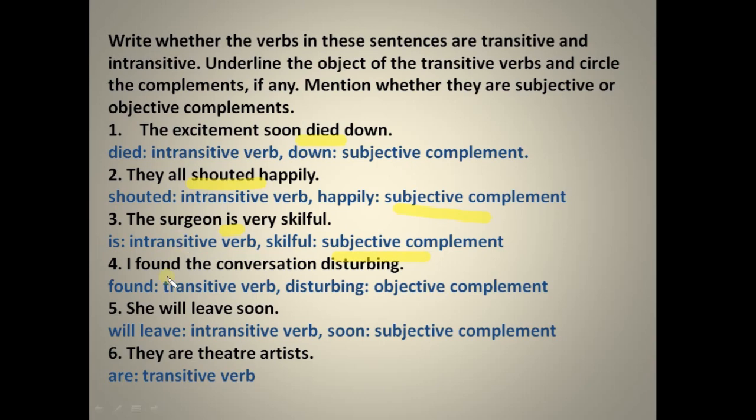I found the conversation disturbing. So the verb is found. I found what? The conversation. So here found is transitive, and the conversation is our object. And disturbing. Now you tell me, what is disturbed?